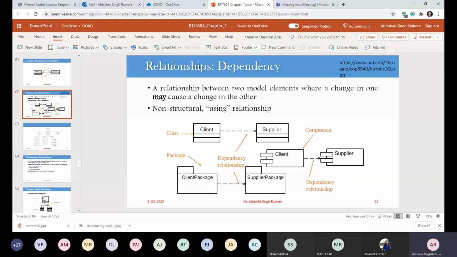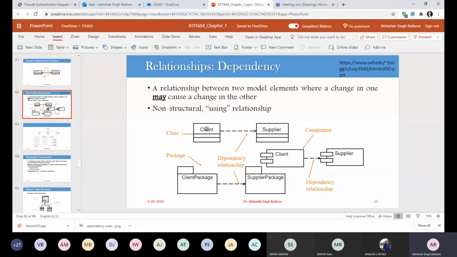This dependency is like a supplier and a client relationship, where the supplier provides something to the client, and thus the client is in some sense incomplete, semantically or structurally dependent on the supplier. If we make a modification in the supplier, that may impact the client.